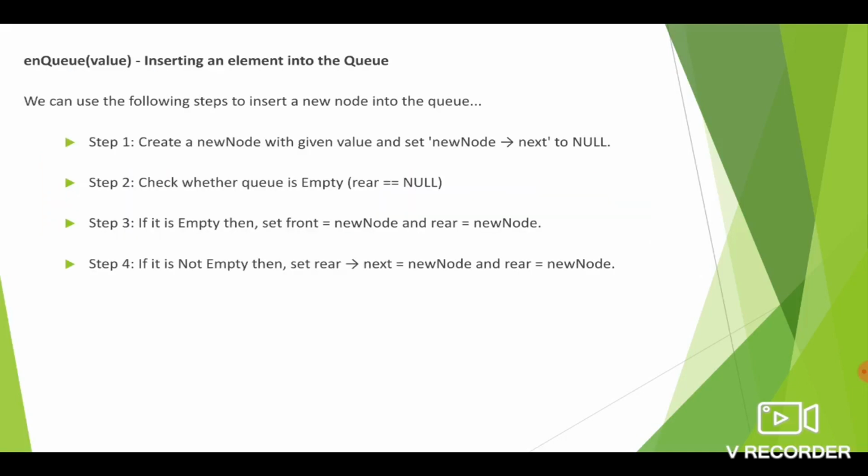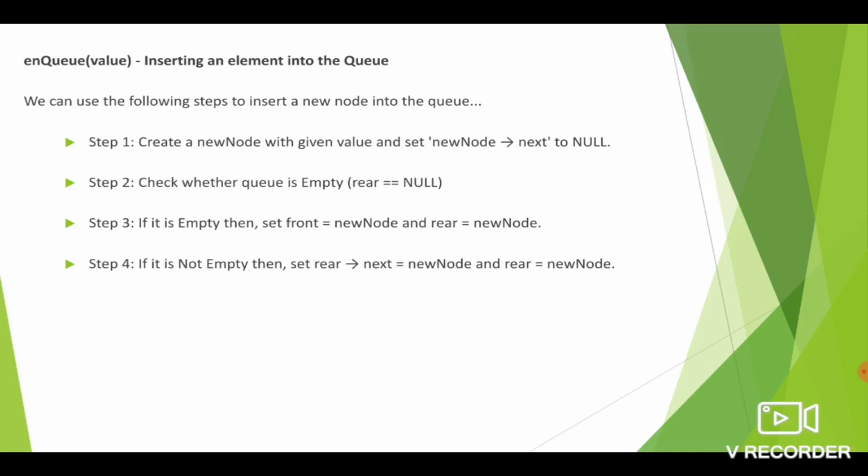For insertion, you have to create the new node and set the next part of the new node as null. Then we have to check whether the queue is empty or not. If rear equal to null, it implies that it is an empty queue. So this is the first element we are going to insert.